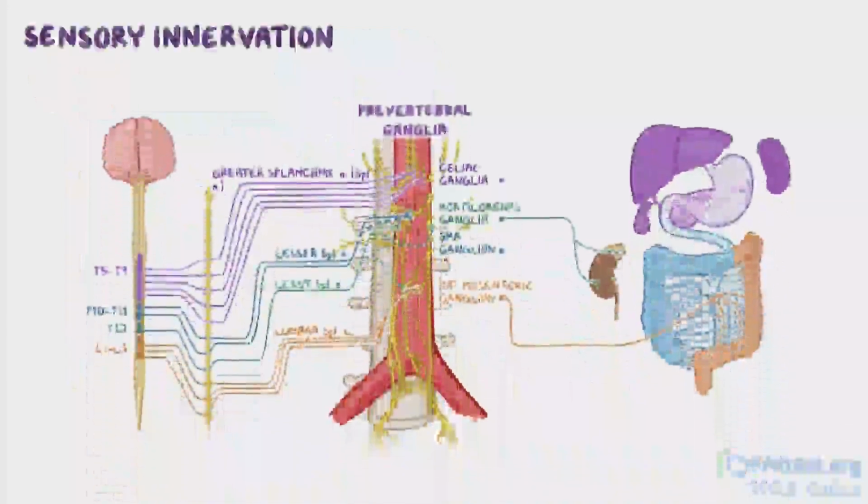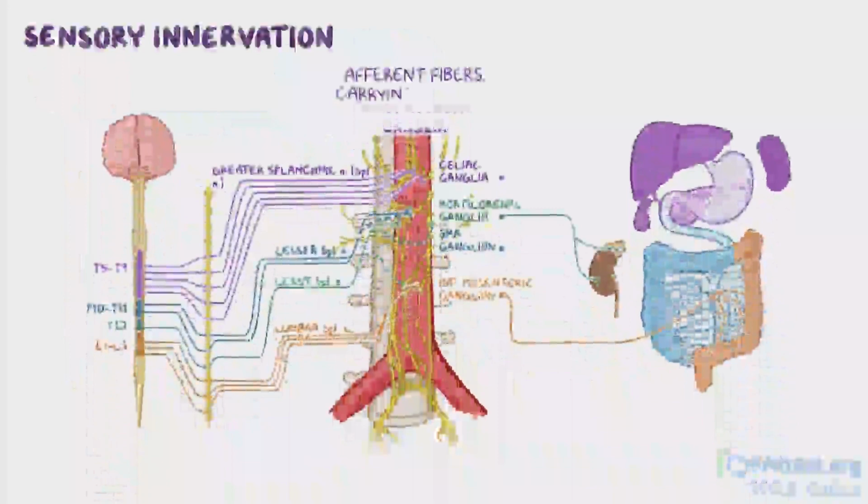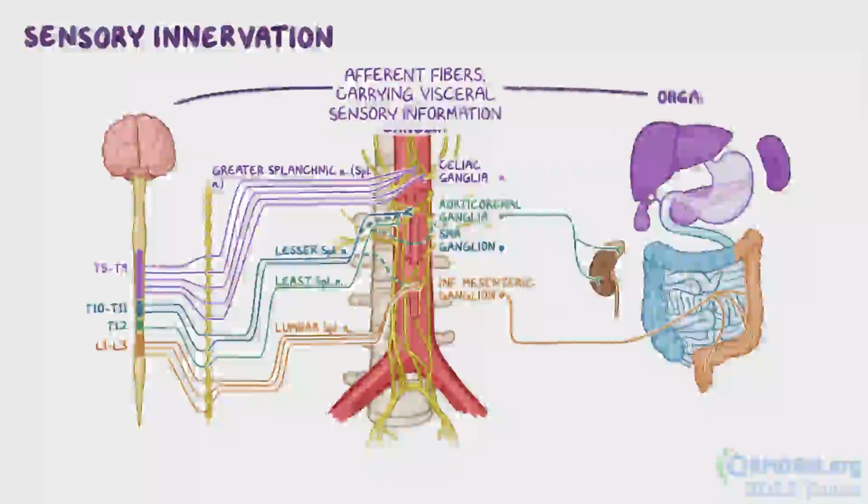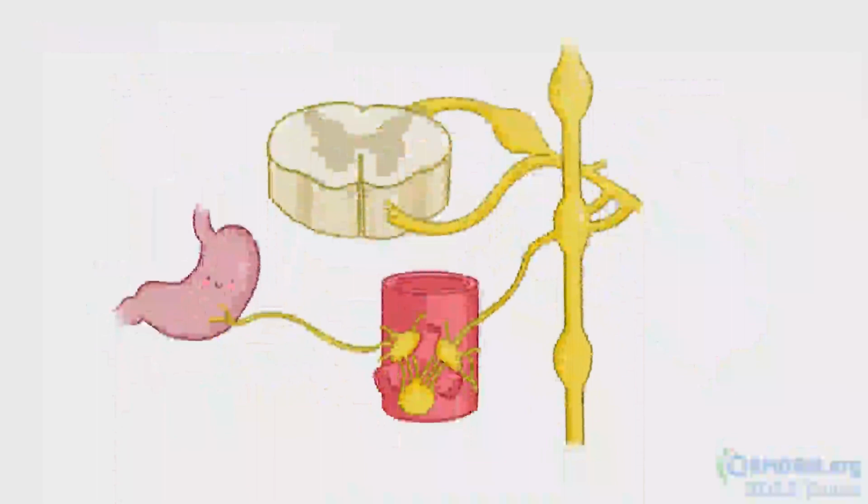Now let's have a look at the sensory innervation of the abdominal viscera, which consists of afferent fibers carrying visceral sensory information from the organs to the spinal cord. Visceral afferent fibers for the abdominal viscera, up to the midpoint of the sigmoid colon, travel alongside sympathetic efferent fibers in the lower thoracic and lumbar splanchnic nerves, but in the opposite direction.